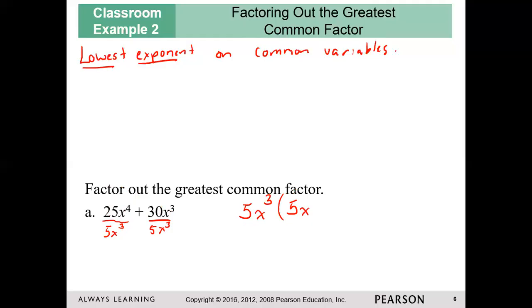And then 30 divided by 5 is 6. And then x to the third and x to the third, they just totally cancel out. And that right there is your result of factoring out 5x to the third power, is the GCF. And you can see here that we're probably in good shape because we are relatively prime here. Their GCF is 1 between 5x and 6.